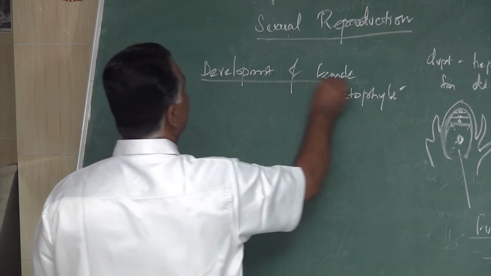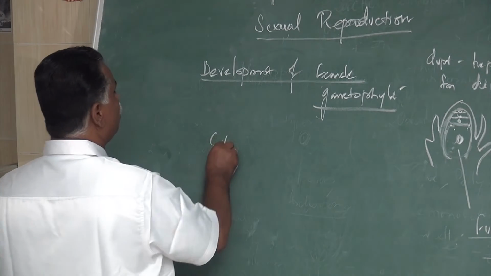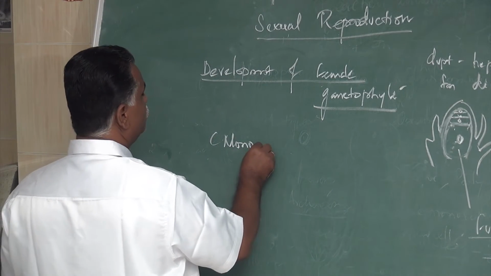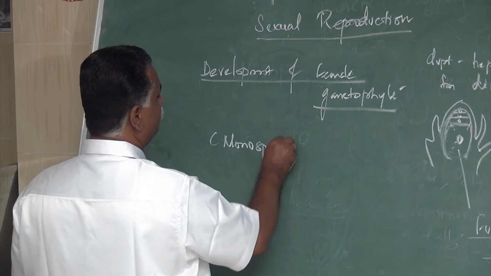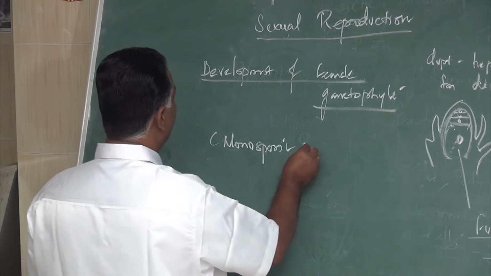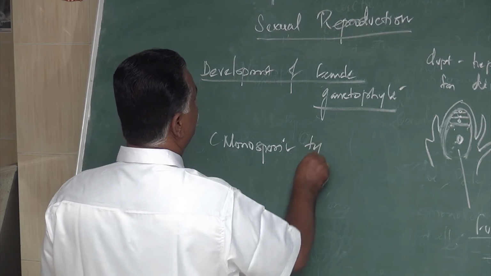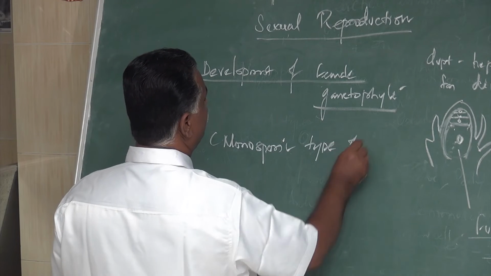In this we are going to see the monosporic type of embryo sac.